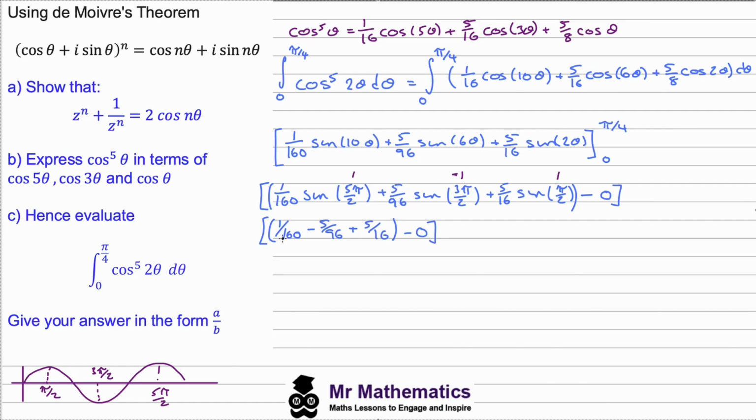So all we need to do is to work out this addition. So the integral between pi over 4 and 0 of cos to the 5 of 2 theta is 4 over 15. Okay?